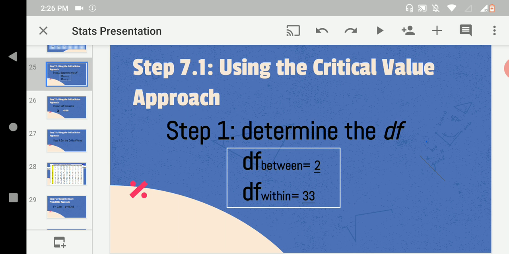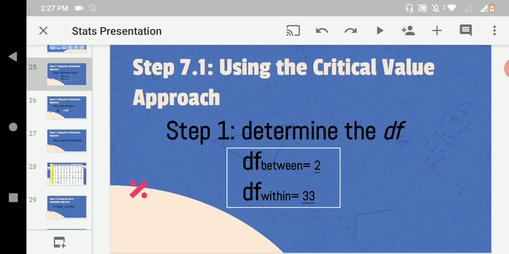So the value that we will be calculating in these steps will be used to determine if we're going to reject the null hypothesis and accept the alternative hypothesis or vice versa. Okay. So we have two approaches, using the critical value and using the probability approach.